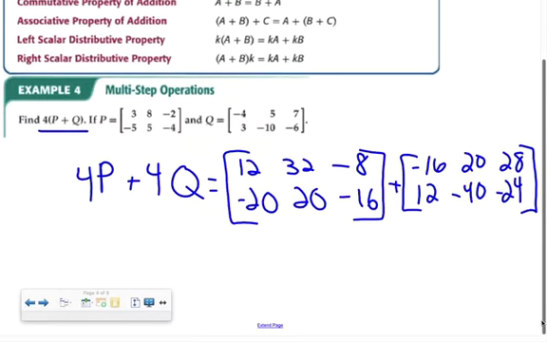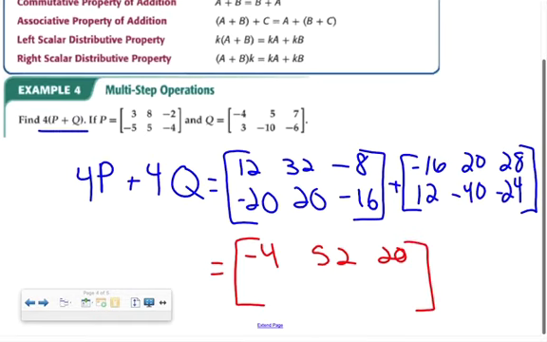So my final sum is negative 4, 52, 20, negative 8, negative 20, and negative 40.